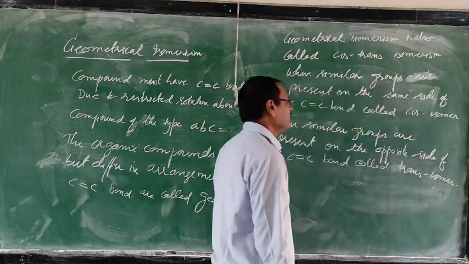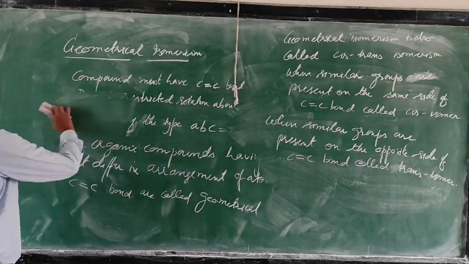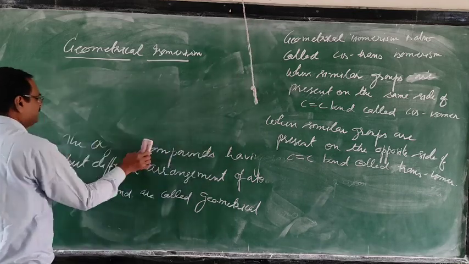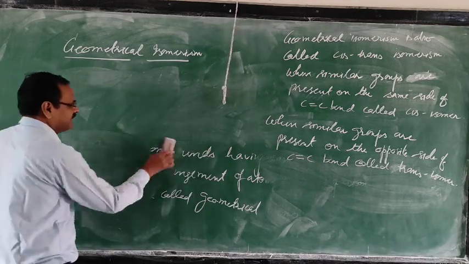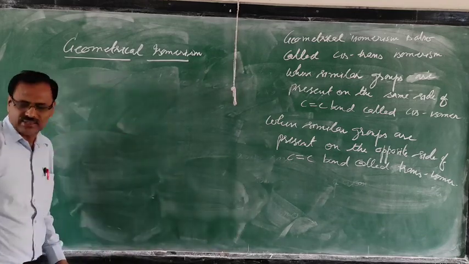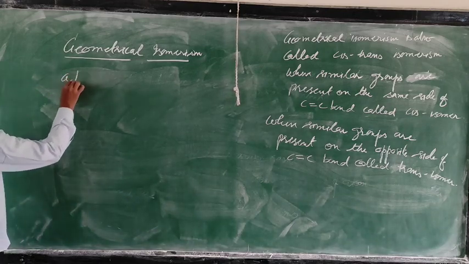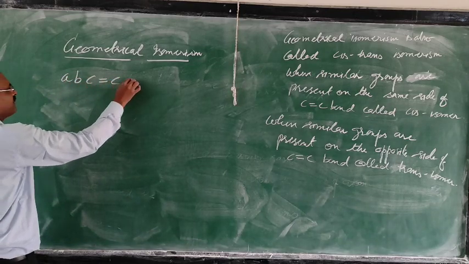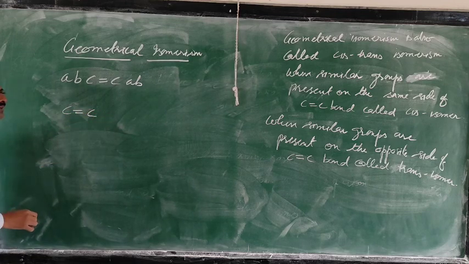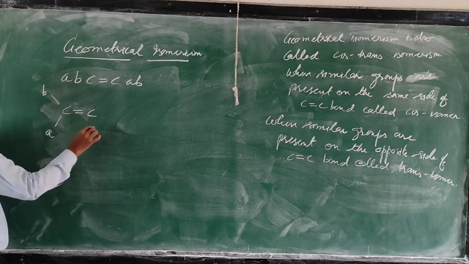So just to see, in the carbon-carbon double bond, when the similar groups are present on the same side, it is called cis. And when the similar groups are present on the opposite side, it is called trans. In this first example, the carbon-carbon double bond is there and the similar groups, A and B, are present on the same side.